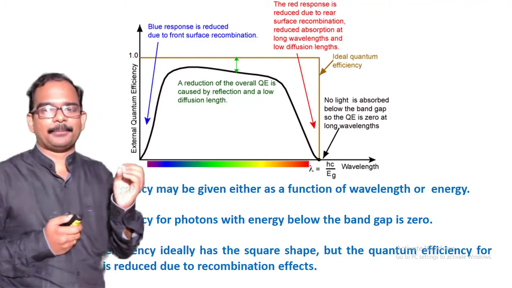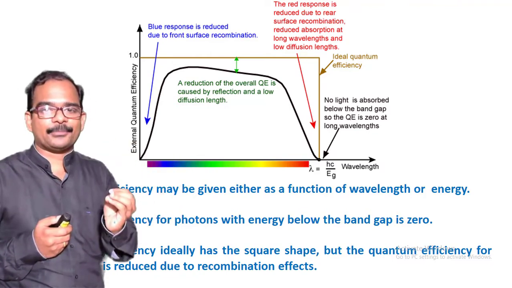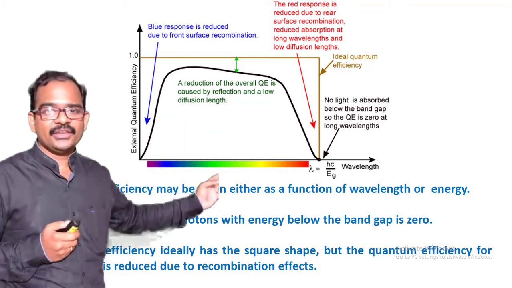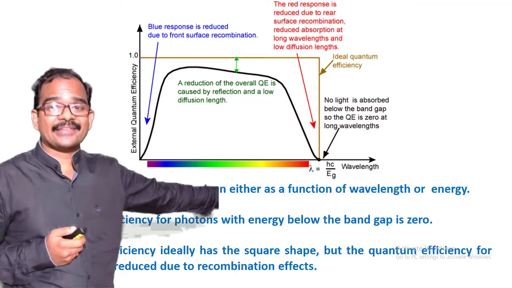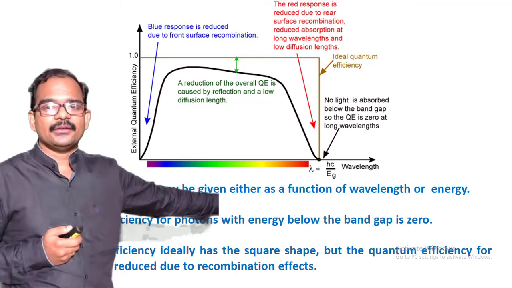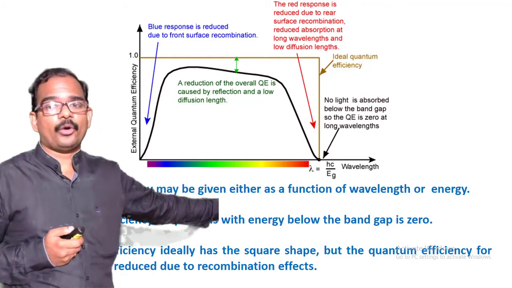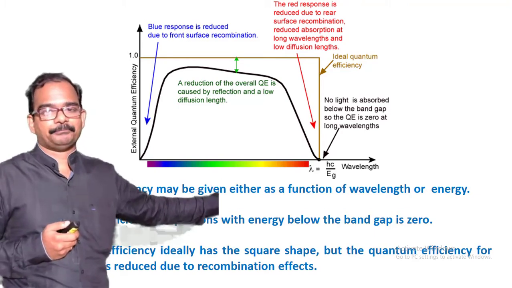So higher band gap will have shorter wavelengths, and lower band gaps will have longer wavelengths. Now you can see that pointed out. You can see that x-axis point, that is where the curve touches the wavelength axis. So that is the point corresponding to the band gap.